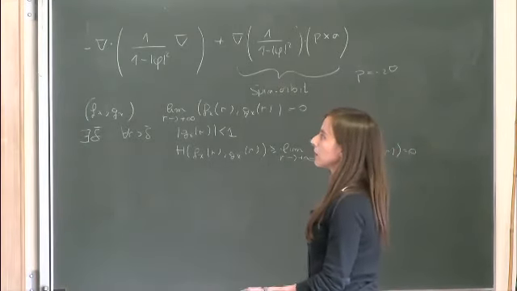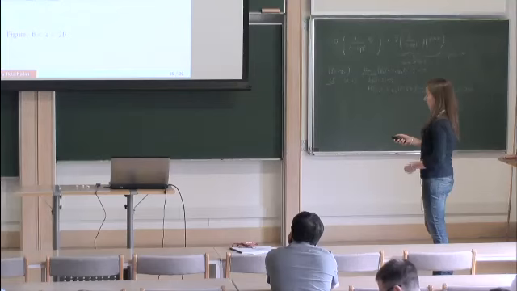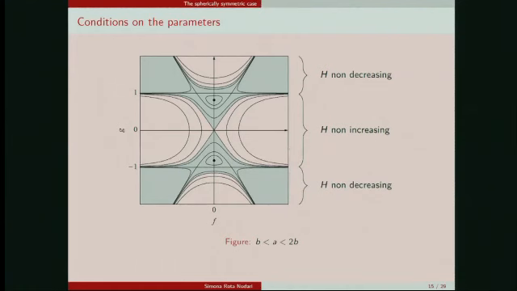Now suppose that the initial condition is in the gray part here. That means that the initial condition is such that the energy is negative.